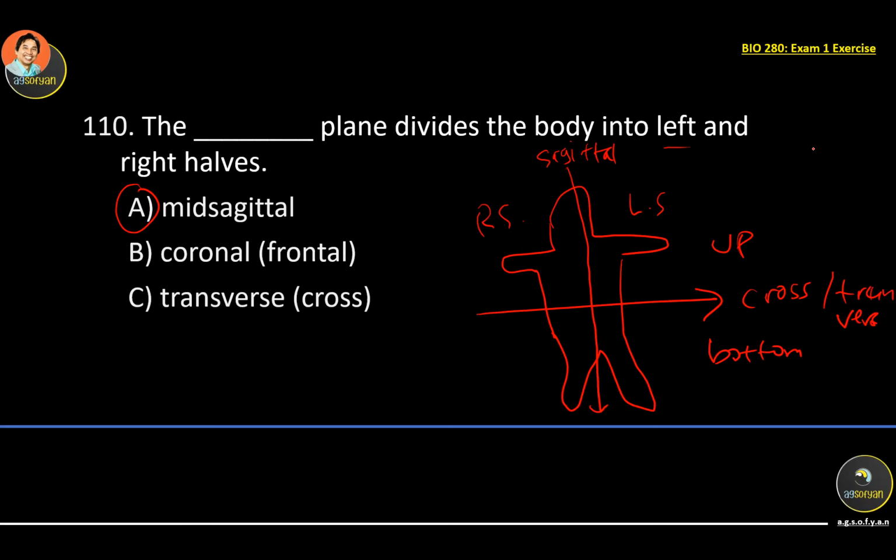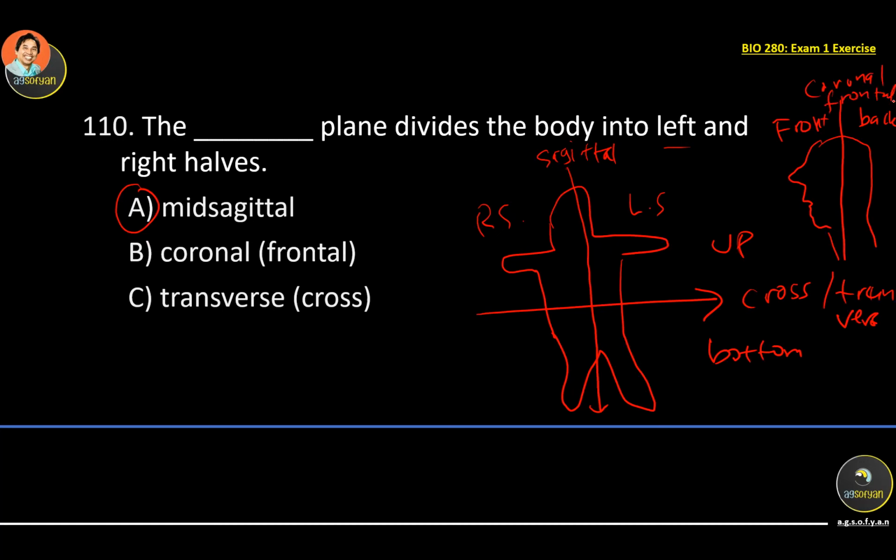Let's say the other one is like this. If we divide front and back, this plane is called coronal or frontal.